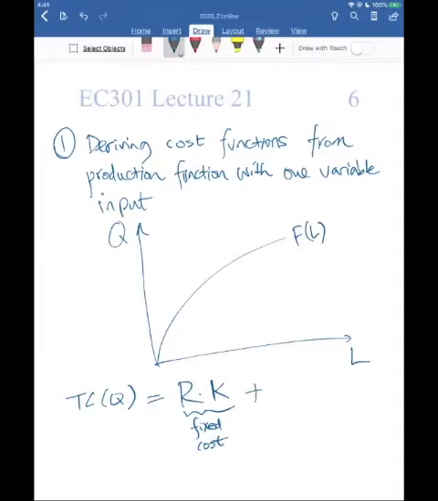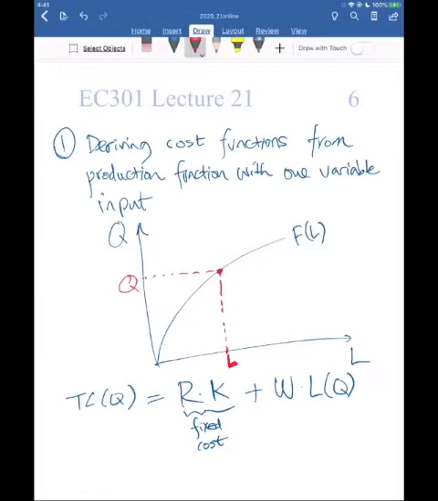And in addition to that, we have a cost associated with labor. For different units of output that's needed, we need different units of labor. So if we need, for example, this much output, using the production function, we see that in order to produce Q units of output, we need L units of labor input.